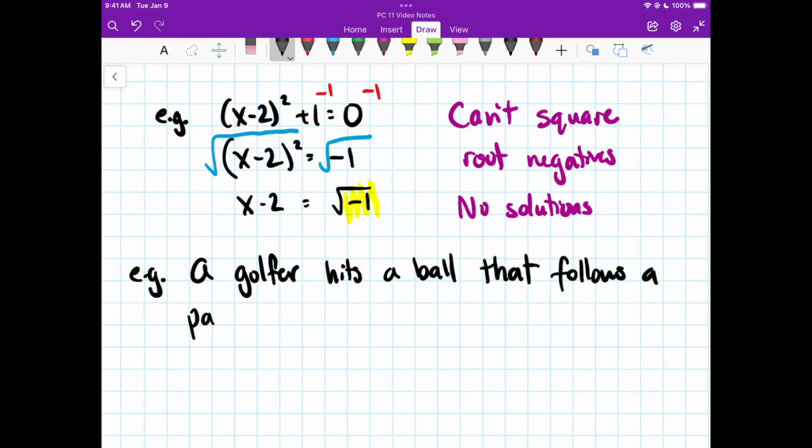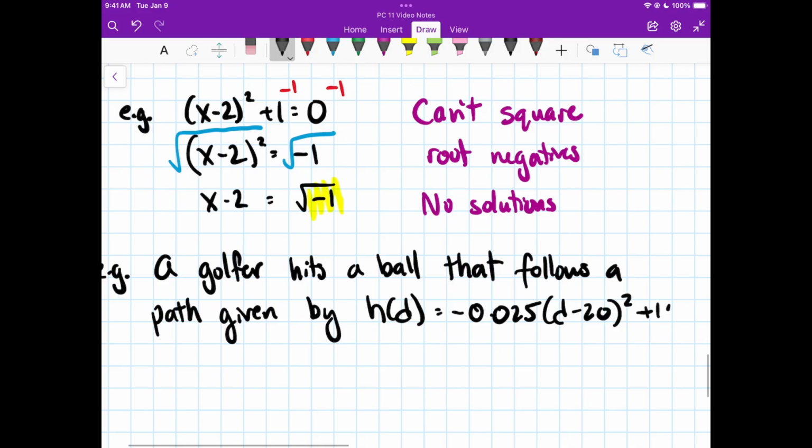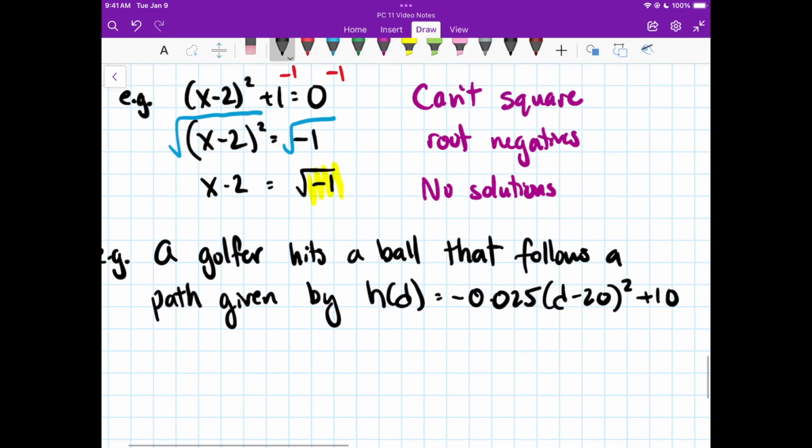So our path for our golf ball is going to be h(d), right? h is height, d is distance, equals -0.025(d - 20)² + 10. Okay. So great, this is a function that relates height and distance as this thing travels through there. And we should probably say with height and distance in meters.